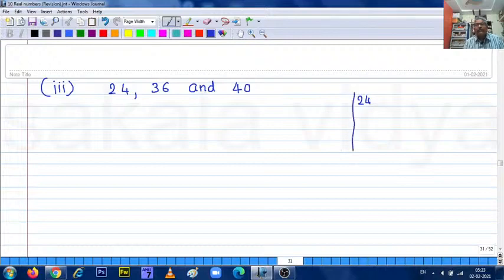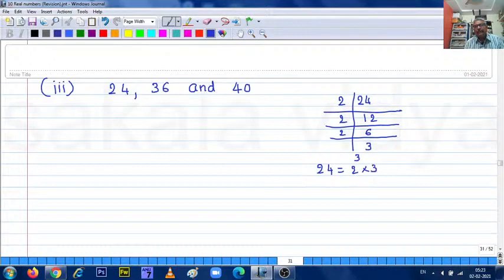Okay, now 2 12s, next 2 6s, next 2 3s. So 24 equals 2 into 2 into 2, 3 times 2, 2 cube. 3 is only one time, 3 power 1. Next 36, prime factors. 2 18s, next 2 9s.